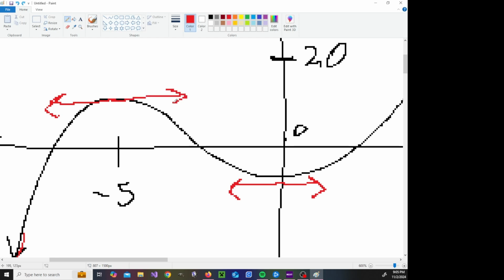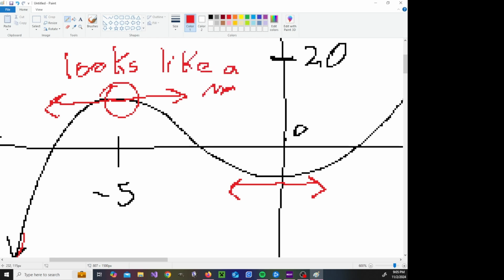This looks like a maximum. And we might even say that locally it is a maximum.